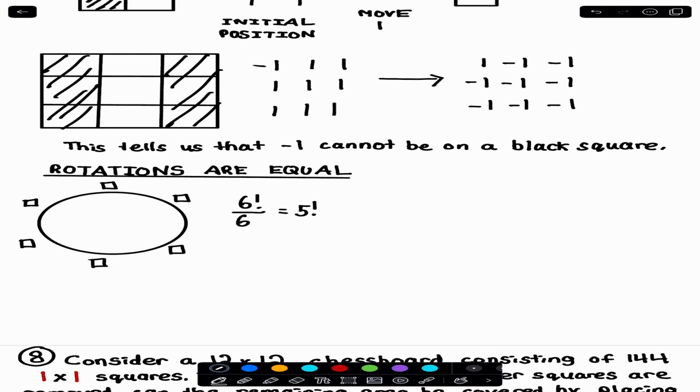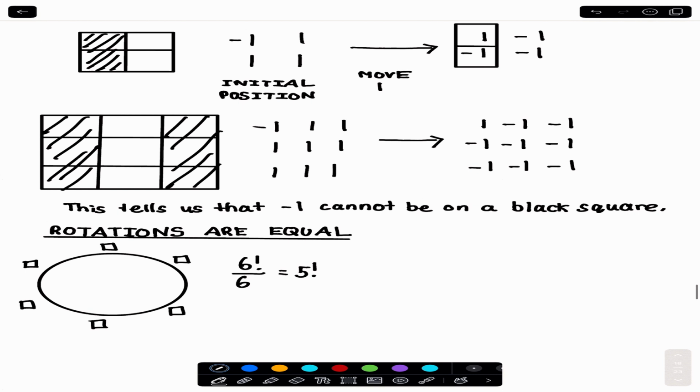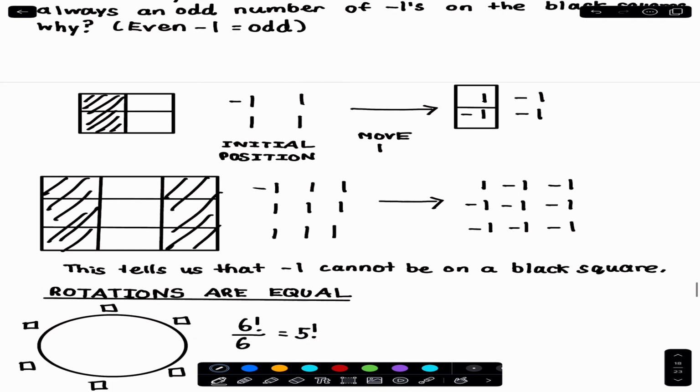That would be 6 rotations, and then you're left with 5 factorial, because rotating a table does not actually change the seating arrangement of the table. So it's a similar idea here.